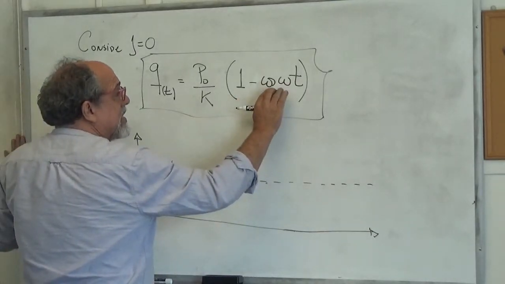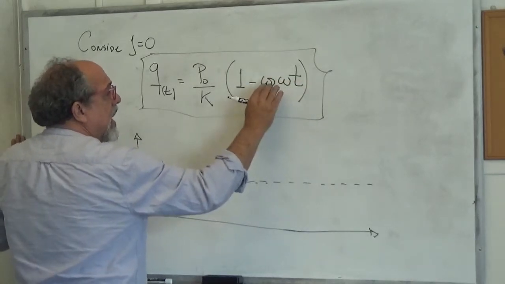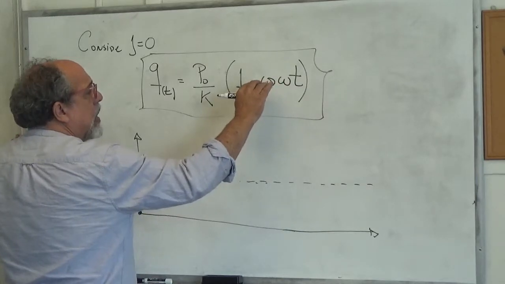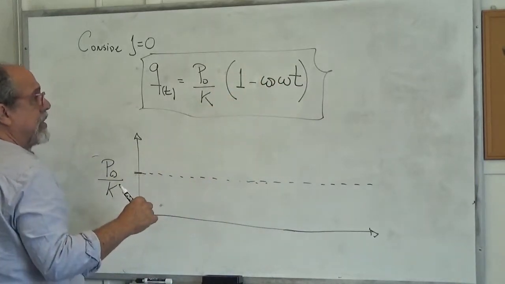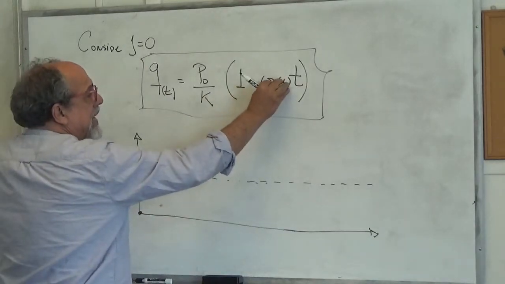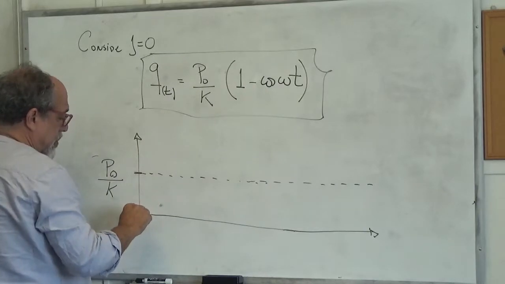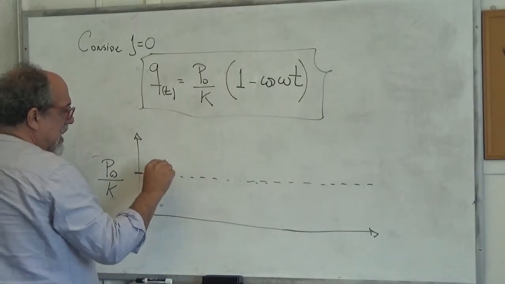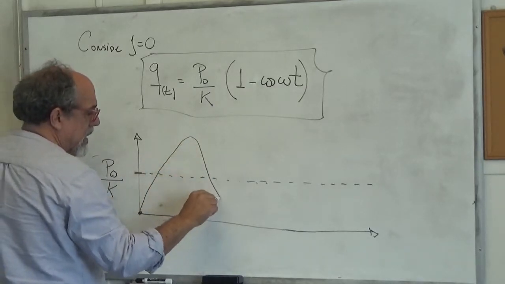Cosine omega t is 1, and then as the time increases, you get a little bit less than 1, right? And so you get 1 minus something, 1 minus 0.99, 1 minus 0.98, 1 minus 0.9, etc. And so the response starts to grow. At some point it becomes twice as big.